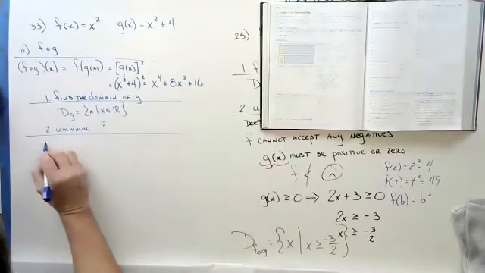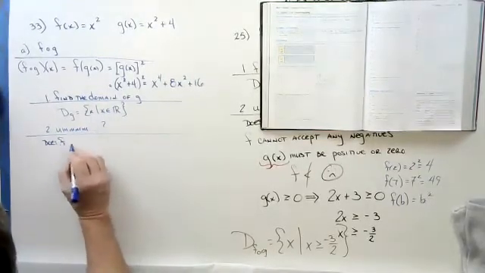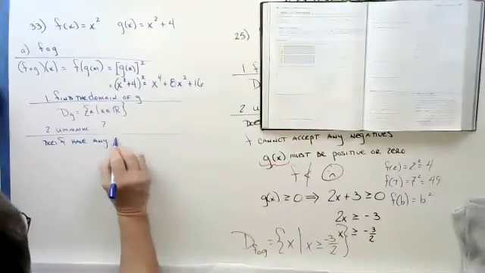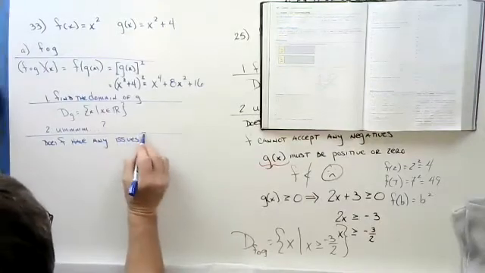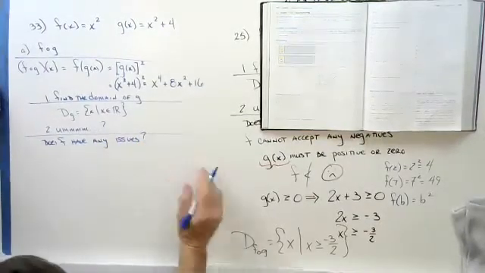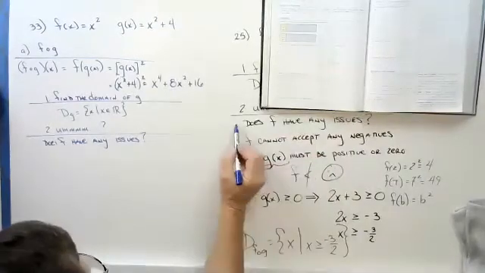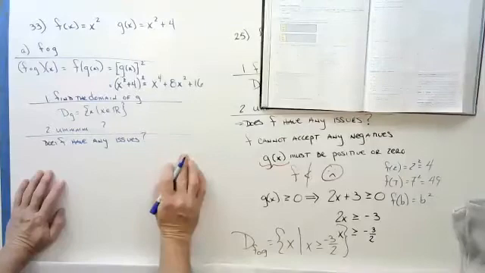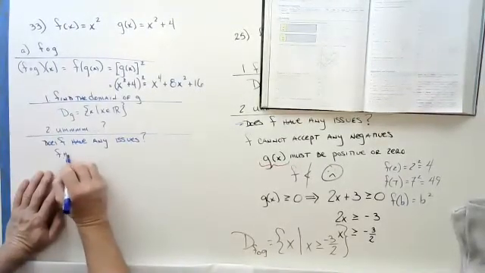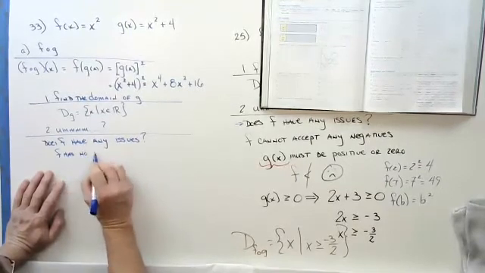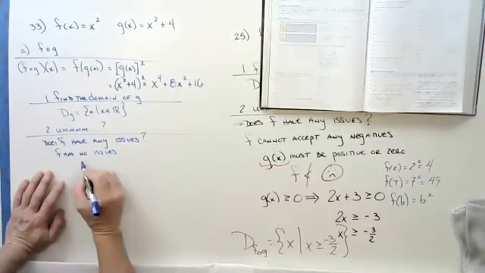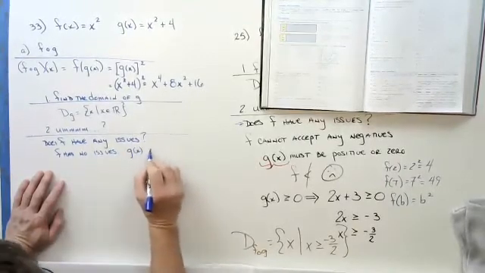We start with, does f have any issues? That's our first question, just like right here. Does f have any issues? And we look at f and we say, no, f doesn't have any issues at all. If f has no issues, that means g of x can be anything.